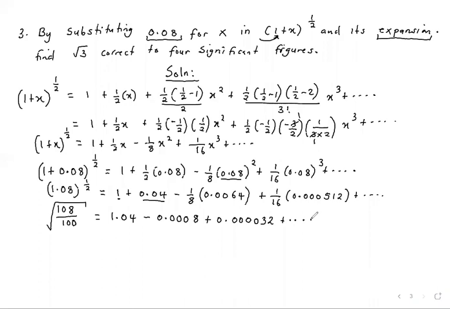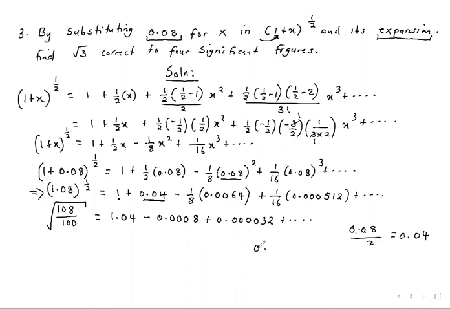1.08 to the power half is here. You just divide 0.08 by 2. 2 in 0, 0; 2 in 0, 0; 2 in 8, 4. That's where this one is coming from.